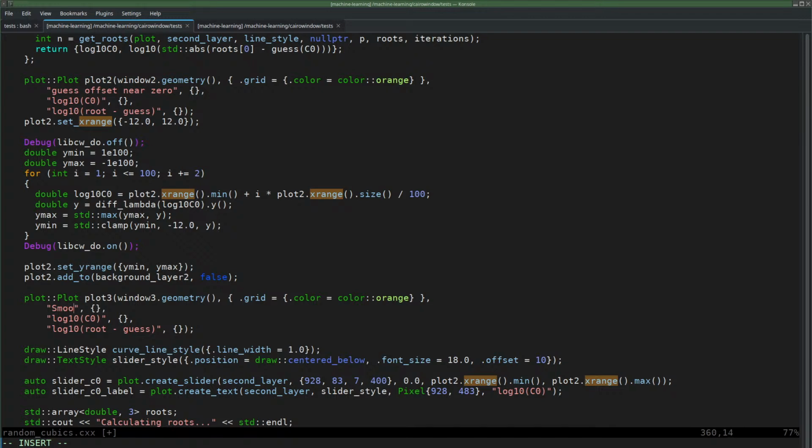Call it the smoothing function. This is horizontal, and then vertically we set S as C0.